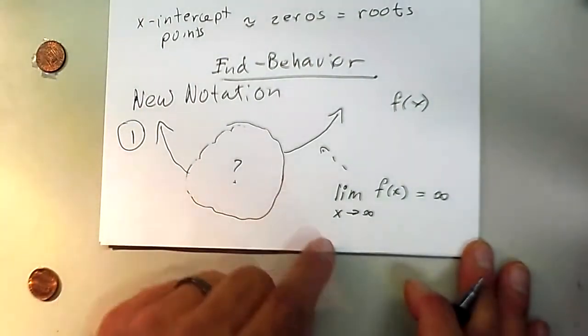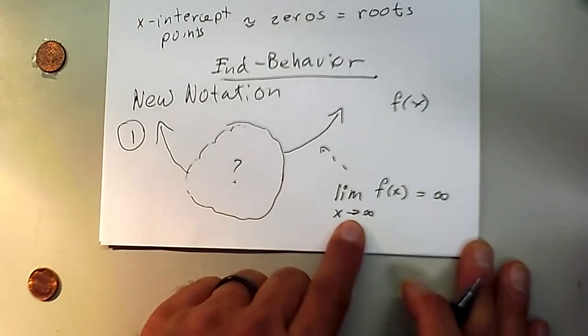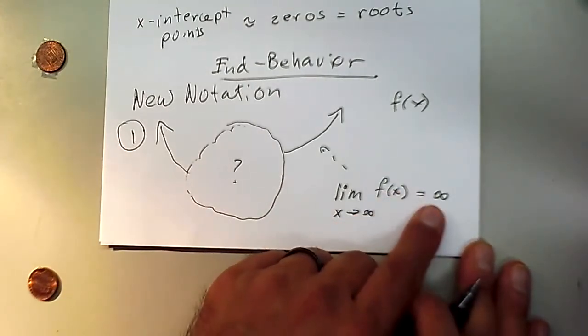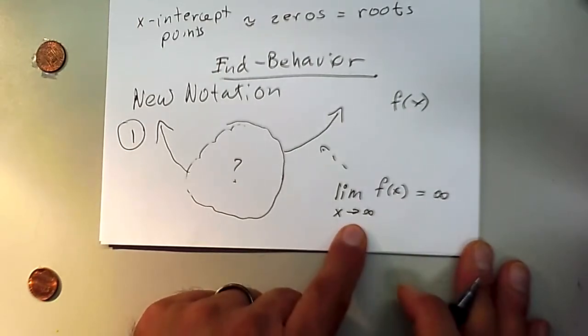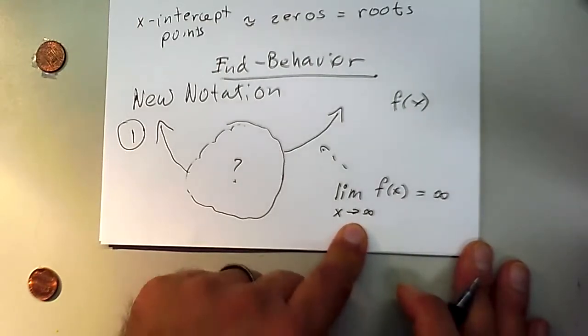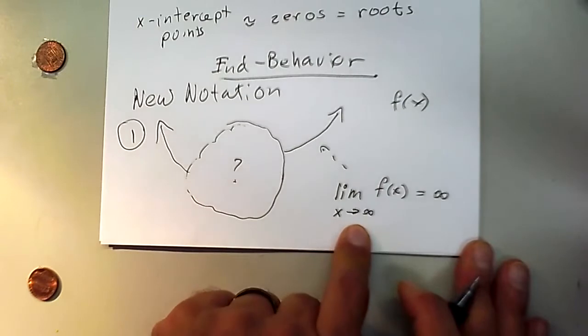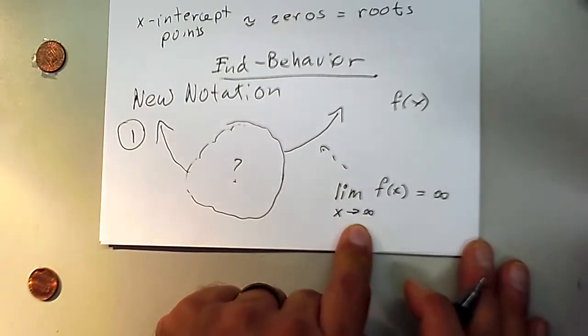So this means to the right, the function goes up, up, up, up without bound, without stopping, and to the right without stopping whatsoever, and without bound. Without bound is a better description than without stopping.